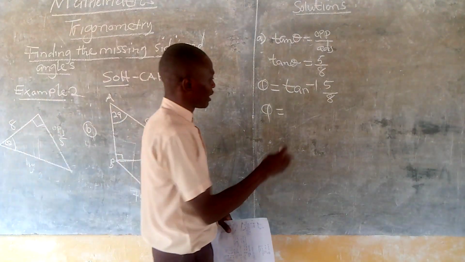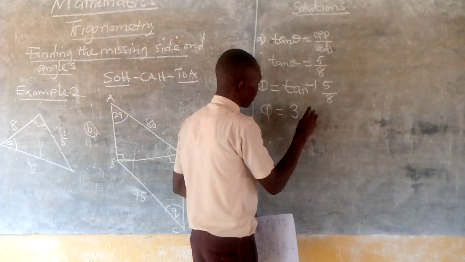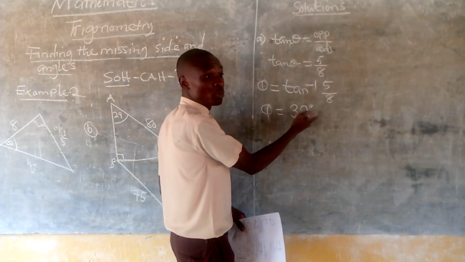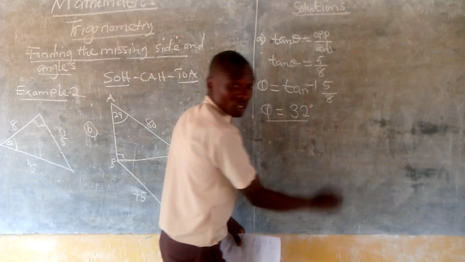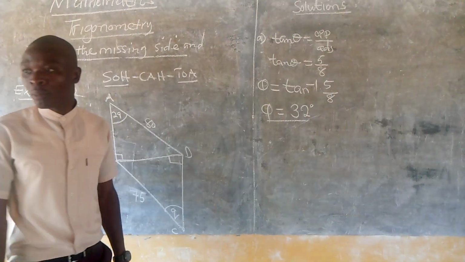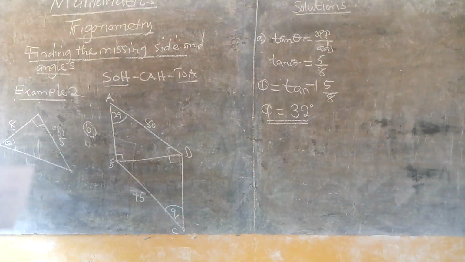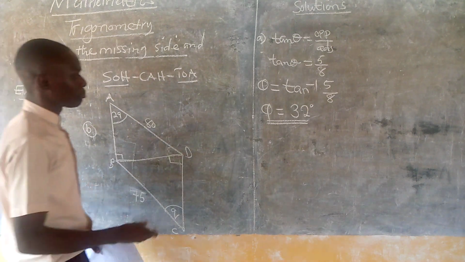You have clicked that, right? If you have done it correctly, it will give you 32 degrees. Don't forget to put a degree sign. It's not Celsius, it's degrees because they are angles. Okay, let's go to B.